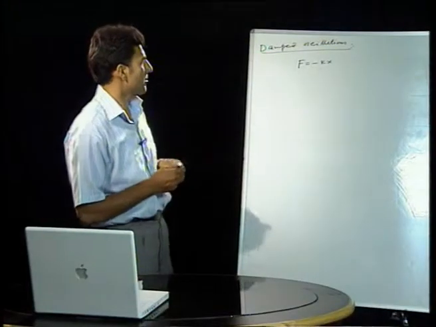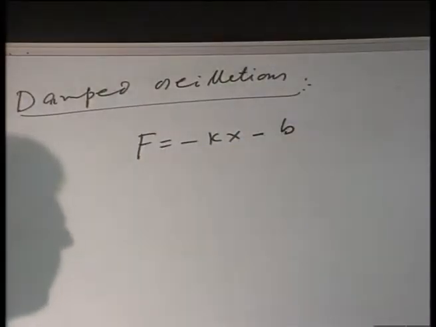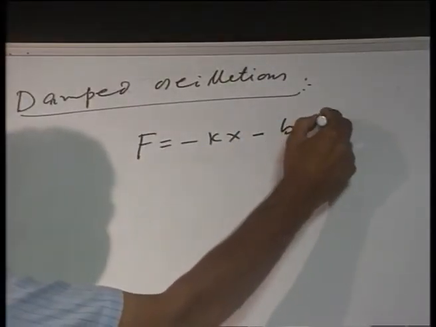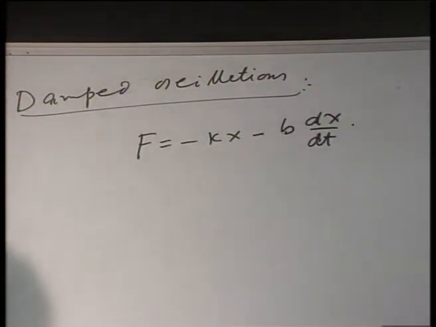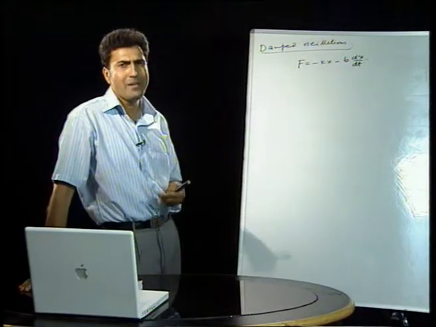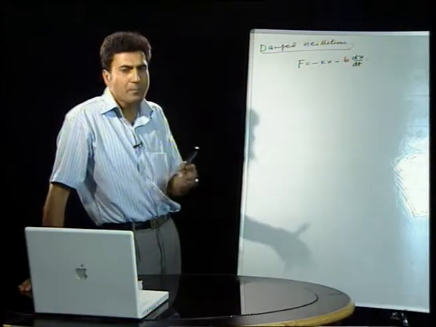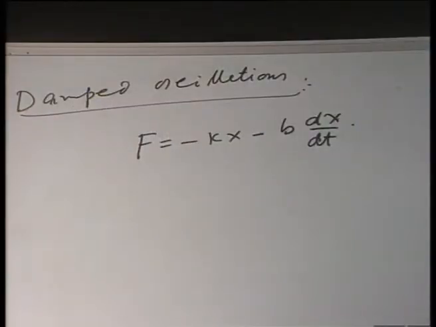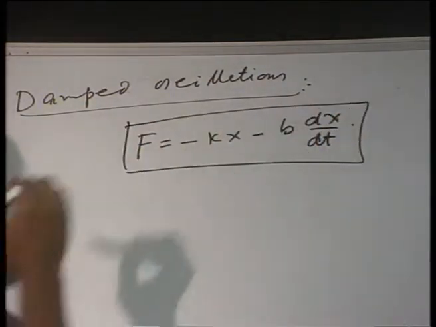The obvious term must be minus b into velocity, dx by dt, where b is a constant depending upon the medium. It may depend upon the density, viscosity, and other properties of the medium. So this is the general equation for damped oscillations.